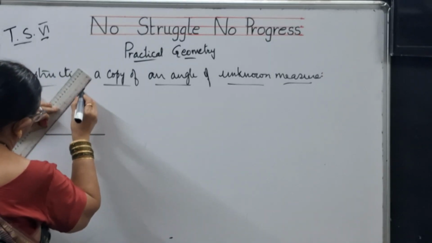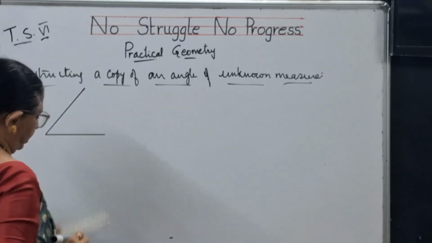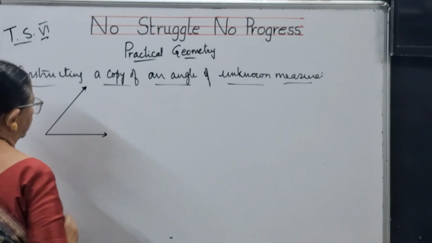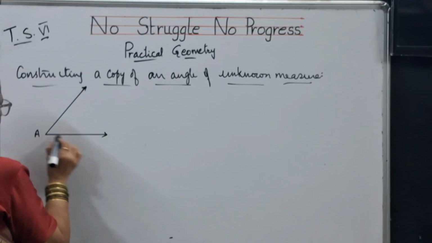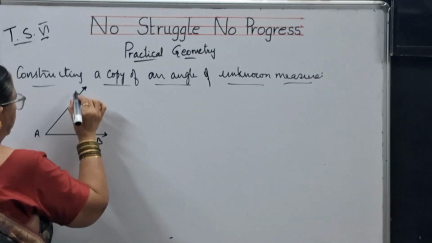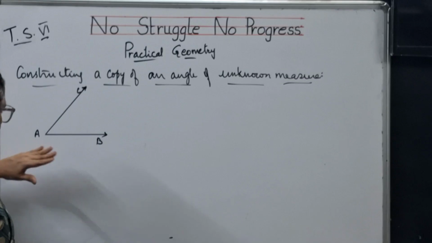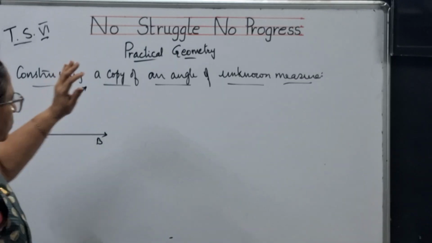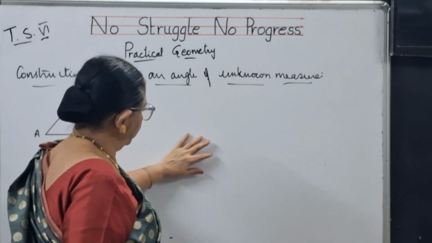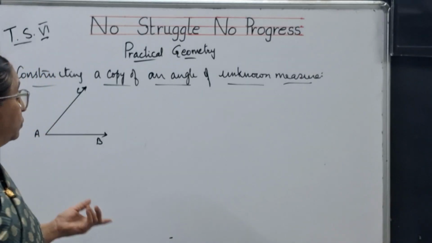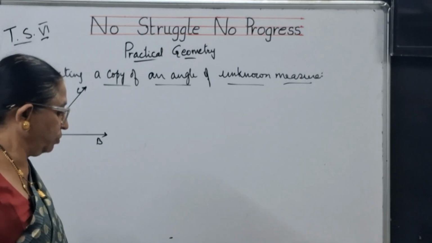Let me write A, B, C. An angle is given to you. The same angle you are going to construct on the other side without using the protractor. How do you need to do it?